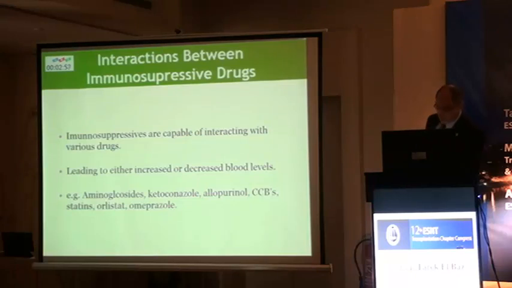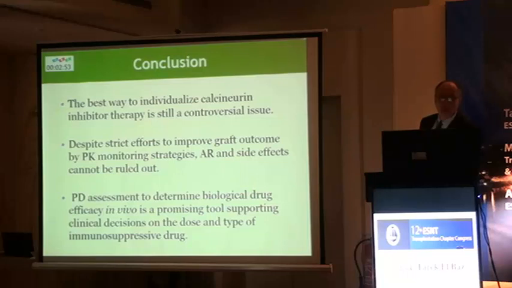I'm not going to talk anymore about them, and rather conclude and say that the best way to individualize calcineurin inhibitor therapy is still a controversial issue. And despite strict efforts to improve graft outcomes by pharmacokinetic monitoring strategies, acute rejection and side effects cannot be ruled out.